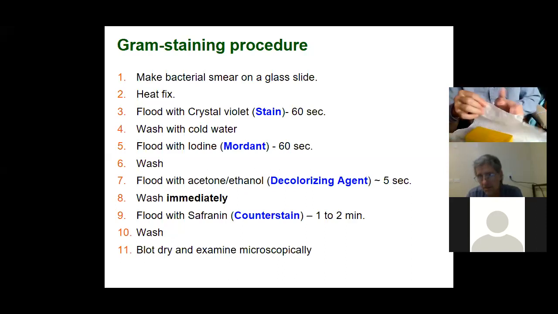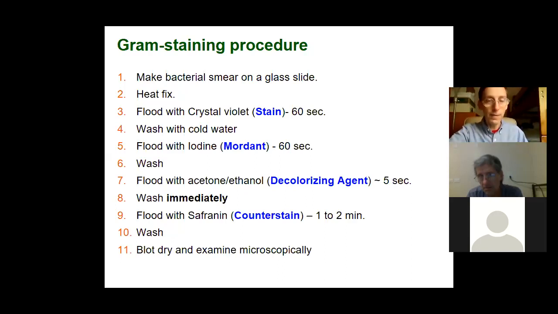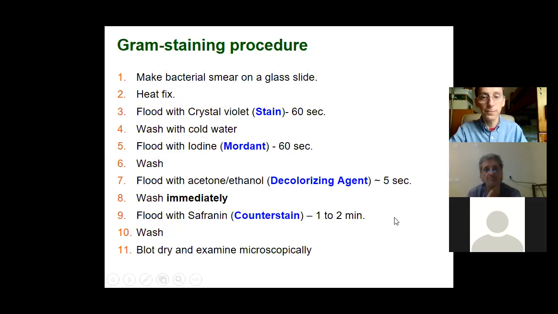You do not rub the paper on the slide like this. You just blot it dry. And that removes enough of the water so that you could even put oil on the slide and then observe the slide under the microscope. All right, any questions about the gram stain procedure in brief?